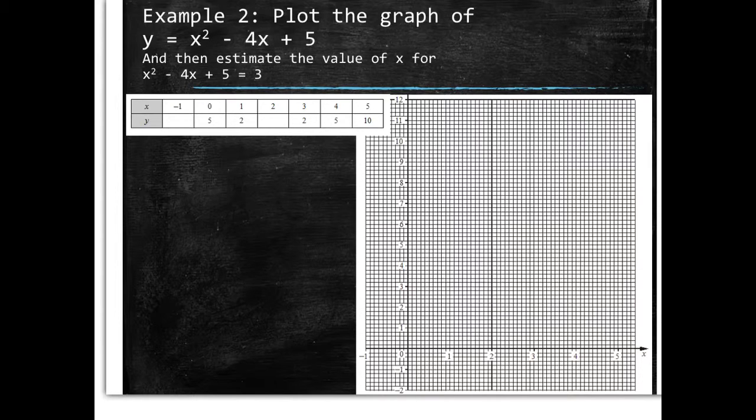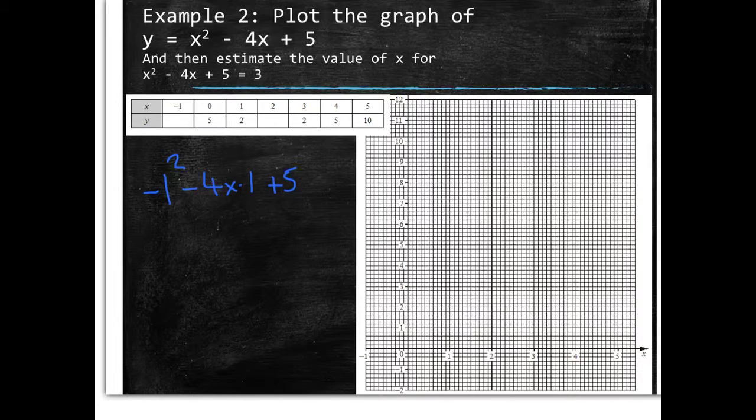So when x is minus 1, I've got minus 1 squared, then minus 4 times minus 1, plus 5. Now, you more often than not get these questions on your calculator paper.